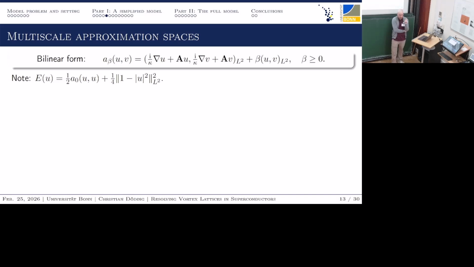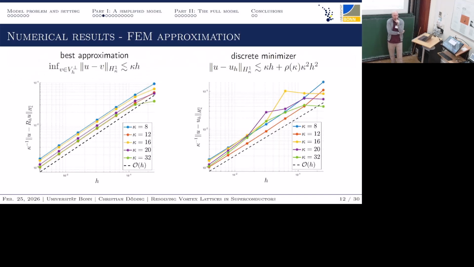Okay, so this was, go back maybe, this was the answer to my first question, namely, can we quantify the resolution condition in dependence of kappa, at least for standard linear Lagrange finite elements. You can do this also in a general framework.